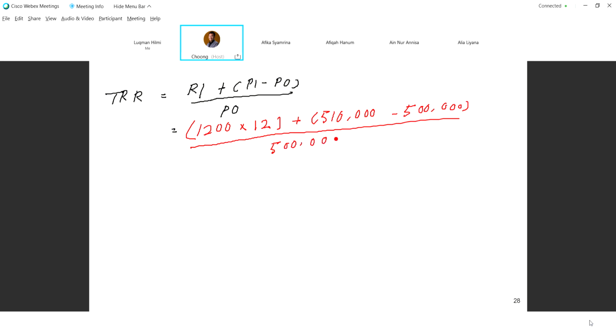So this is 14,400 plus 10,000, divided by 500,000.